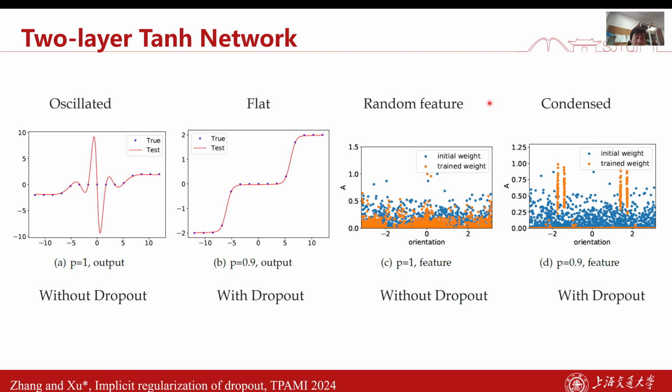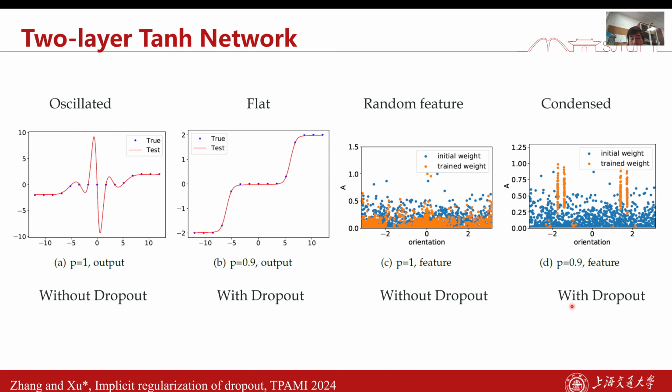And we can also take a look at this feature distribution. Each point here is one neuron, and the x value is the orientation from -pi to pi, and the y value is the amplitude. We can see the initial distribution and the final distribution are quite similar.